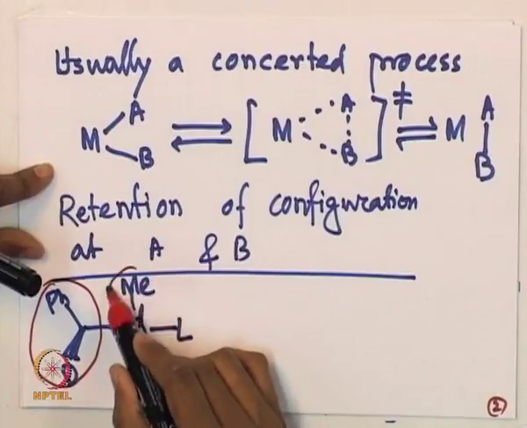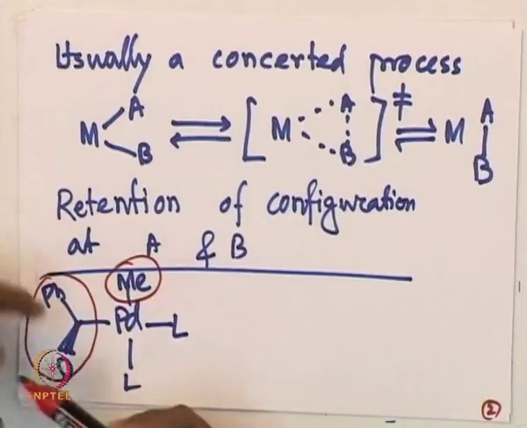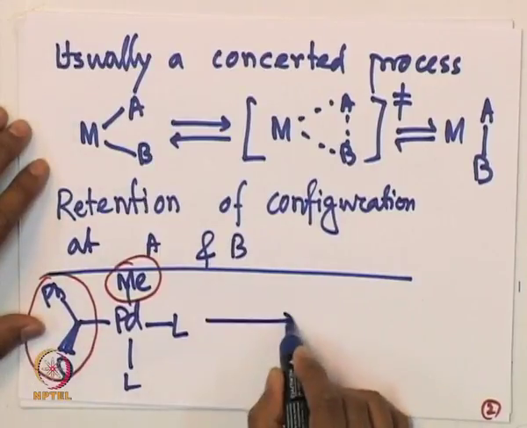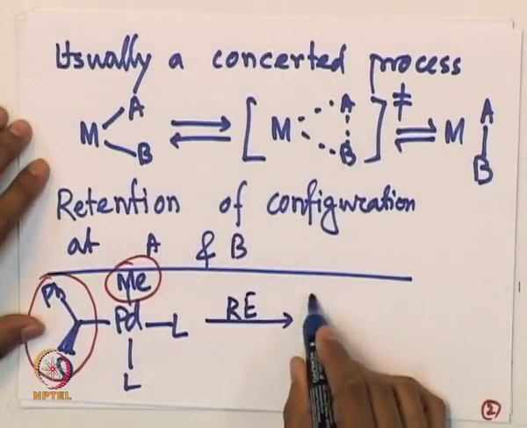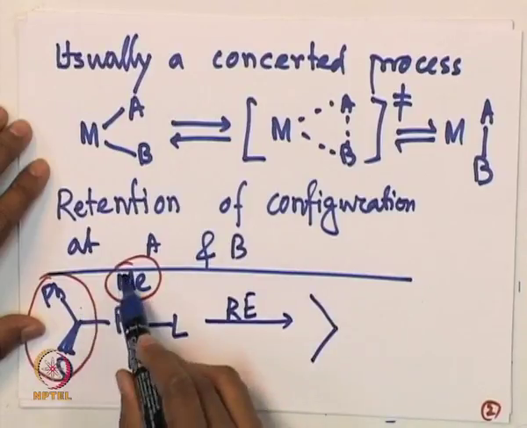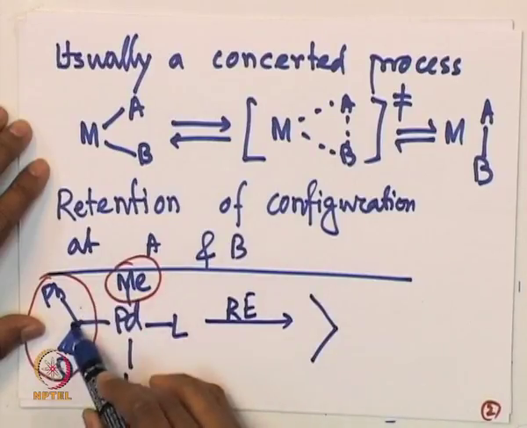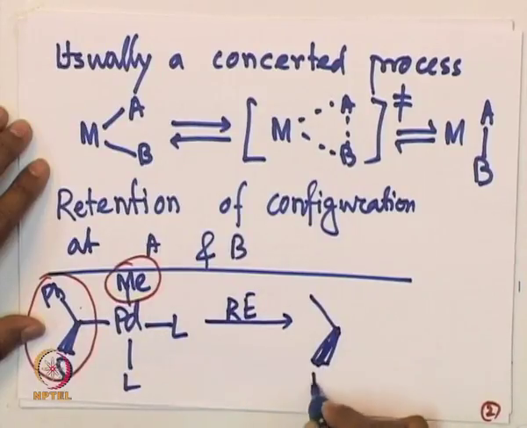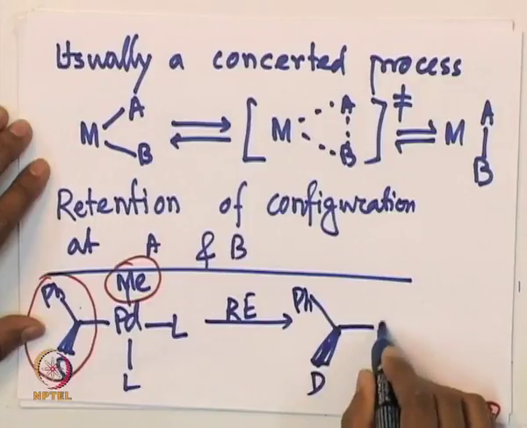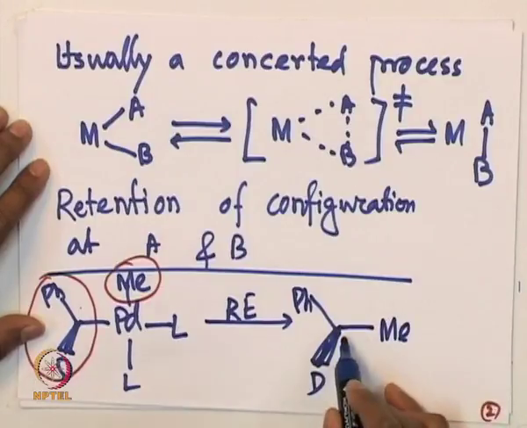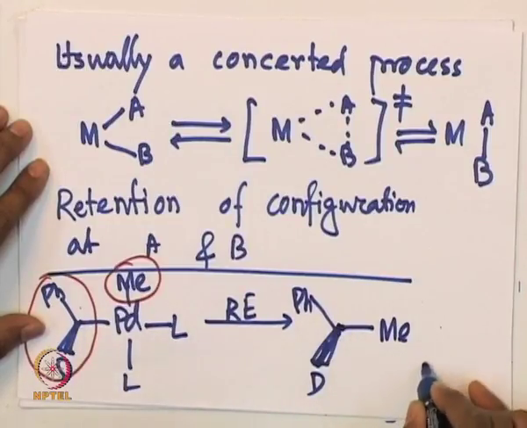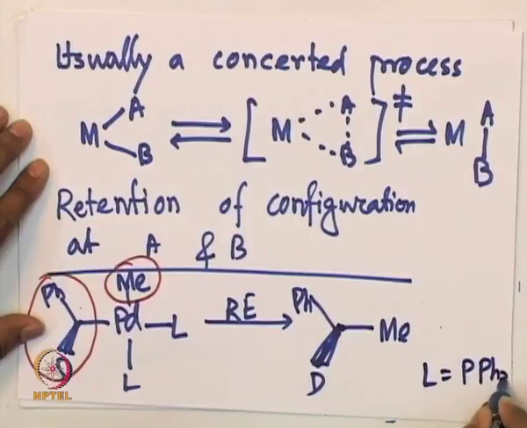This is A, let's say, and this is B. There will be bond formation between A and B to form the AB species. After reductive elimination, you see that A and B are cis to each other. Overall, at the end, you will get this retention of configuration, right. So the stereochemistry is retained at this point, and in this case the ligand is triphenylphosphine.